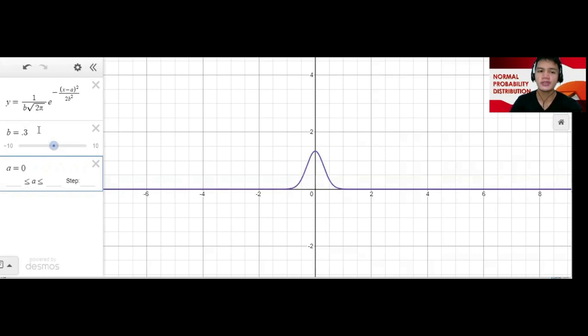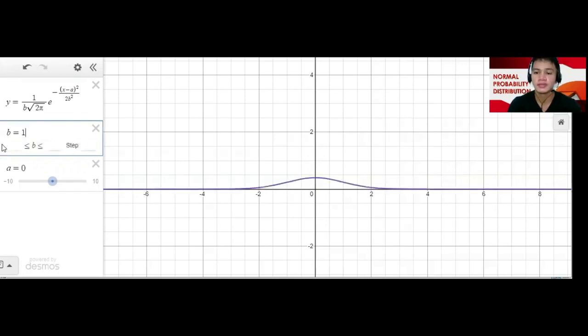Let's change the values of our standard deviation below. How about we make it 1, 2, 3, 4. As you can see, as the standard deviation increases, our normal curve becomes wider and shorter.